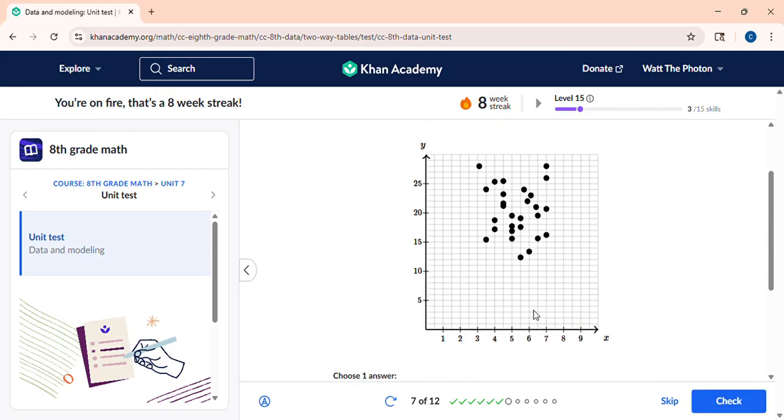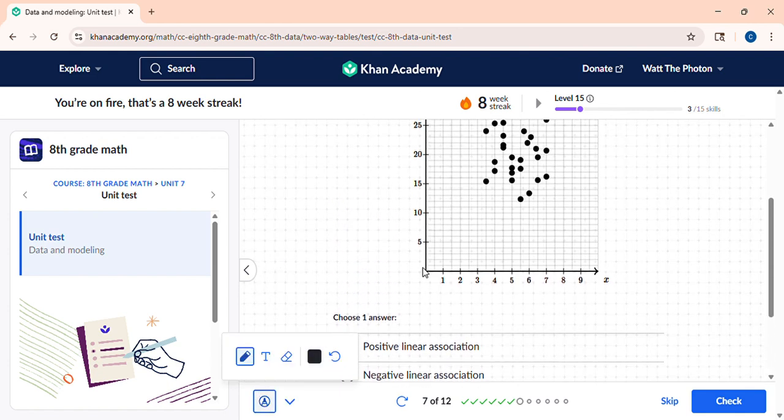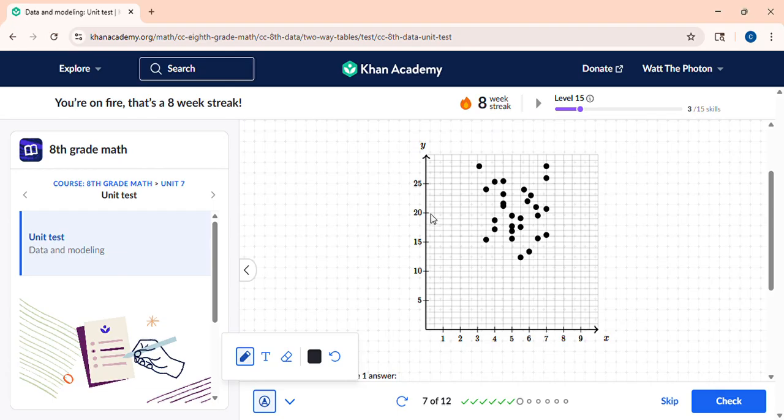There seems to be not much of an association. So positive would be like this. A negative association would be like this. That might be nonlinear. Might be a nonlinear association.